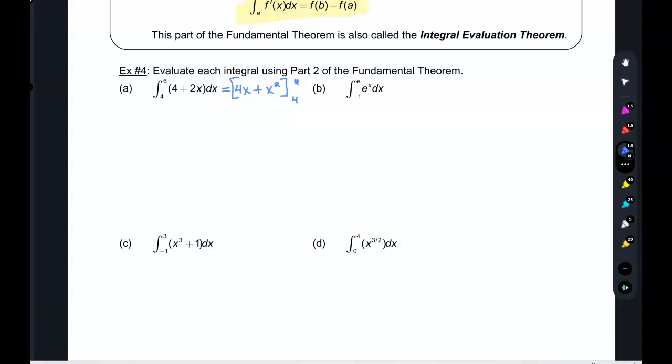Okay, so we're going to plug in 6. So we're going to do f of b. Think of this as our derivative, this is f prime, this is f. And then we're going to do f of 6 minus f of 4. So 4 times 6, 24, plus 36, minus 4 times 4, 16, plus 16.